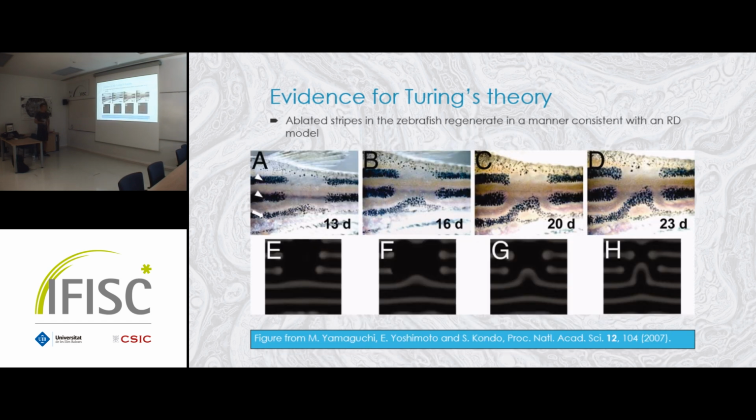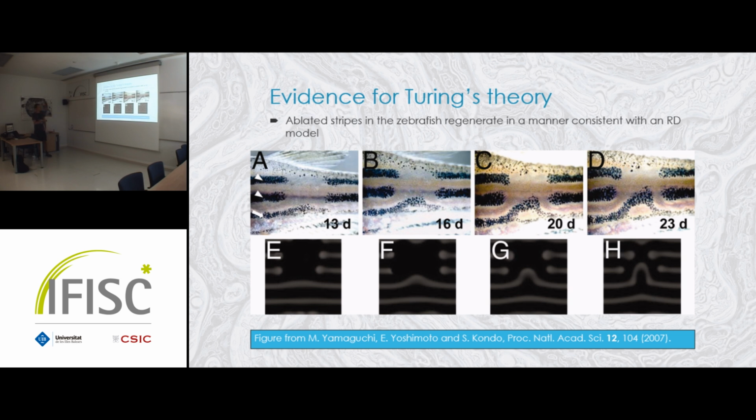My favourite example of where this theory seems to be doing something quite nice is, you can take a zebrafish in the lab and ablate some of the pigment cells that make up the stripes, leaving a gap. Now, if the stripes were solely determined by the underlying genetics, that is, the genes are telling the stripes exactly where to go, then you would expect that as the animal heals, the stripes will just reappear. This, in fact, is not what happens.